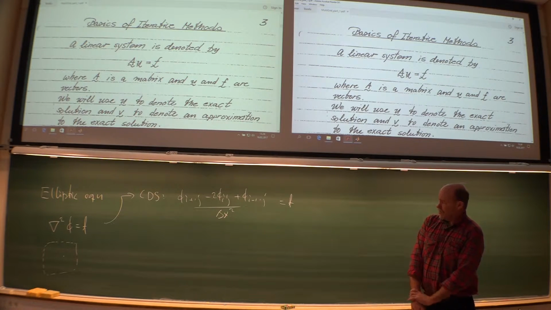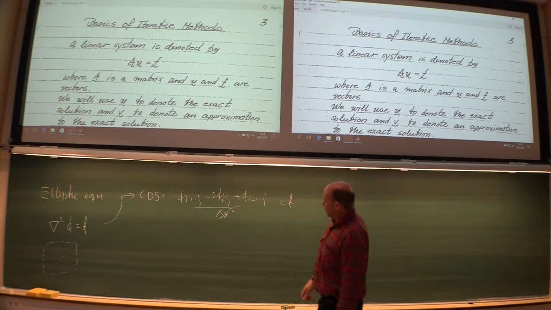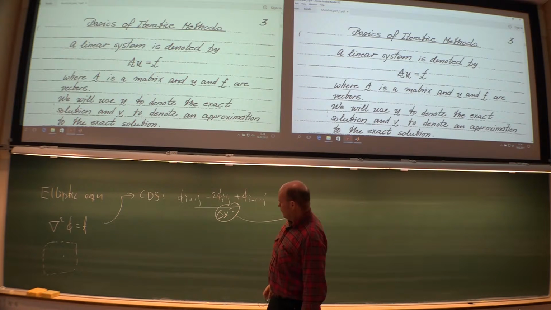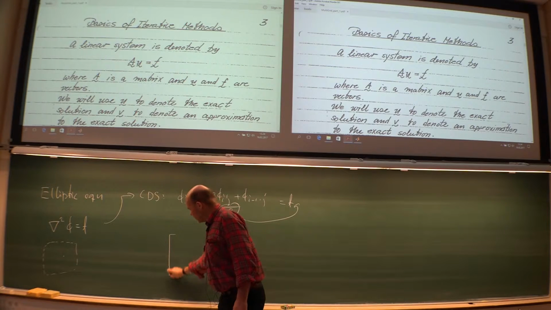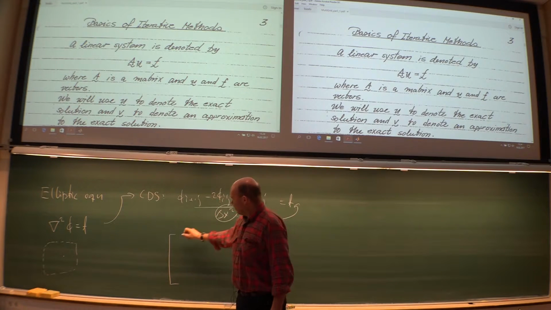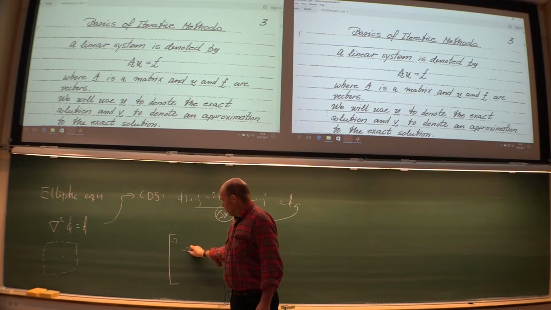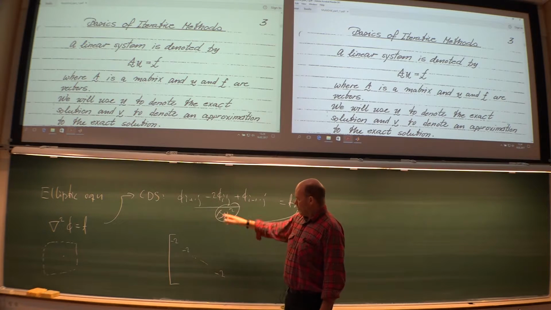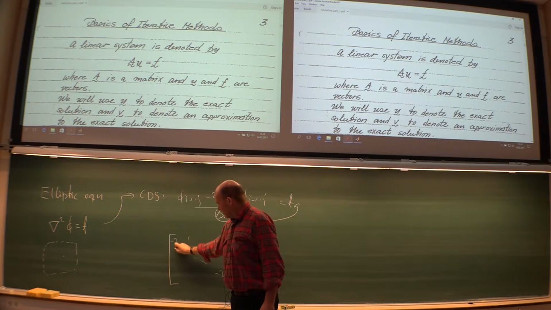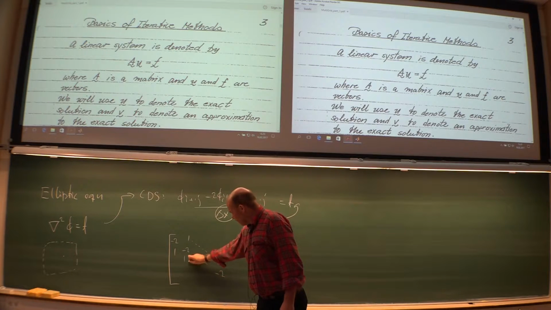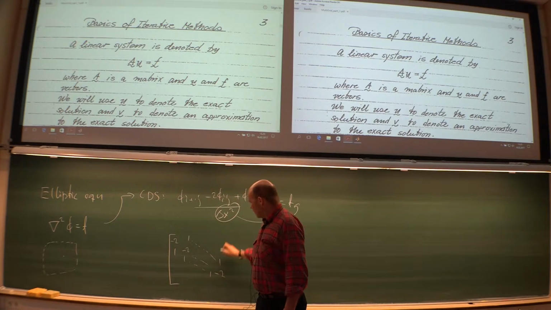And yes, you can write this now in a matrix form. You take this one over here, then you will have your coefficient matrix. What will it be? It will be minus 2 on the diagonal, and then you need one neighbor on each side, 1 and 1, like this.